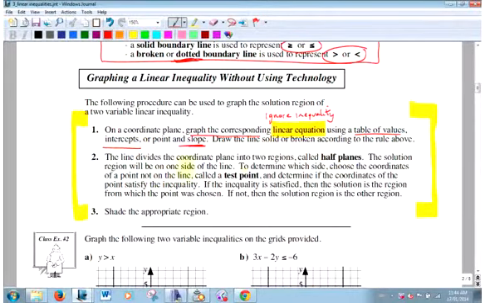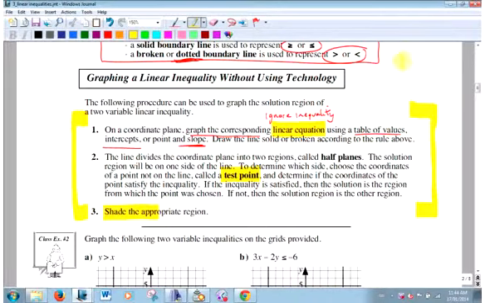That's the first step. Second step, all this says is, what side do you shade? Here's how we do this. We just use a test point. We test one point and see if it works in the inequality. If it does, that's the side we shade. And if it doesn't, then we shade the other side. Step 3, shade.